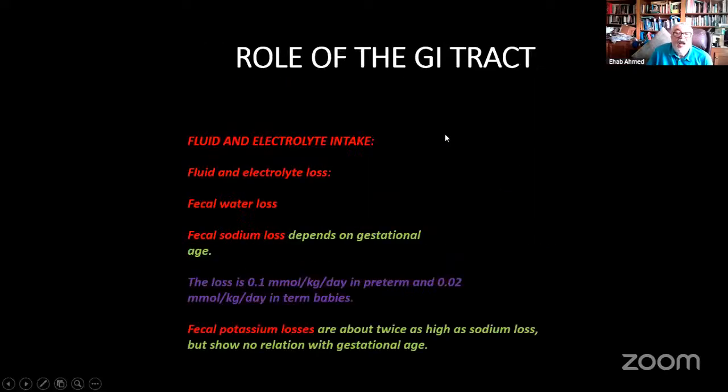And the GI is a source of loss of fluids and of all other electrolytes, especially potassium. So there is loss of water, electrolytes, mostly potassium, and the sodium loss depends on the gestational age also. And the fecal potassium loss is not dependent on the gestational age.